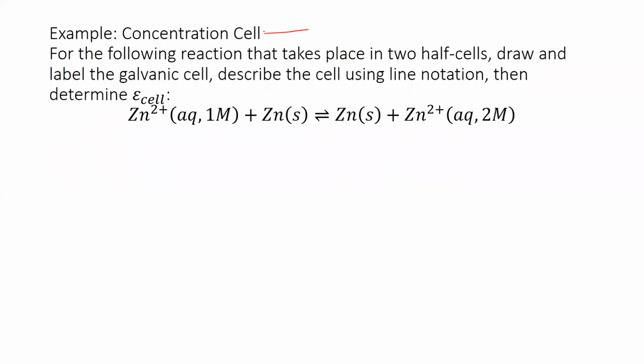Now, any type of cell is dependent upon the concentration of the products and the reactants, but we can write out a chemical reaction in any given direction and determine the potential of that cell. But what's interesting is in a concentration cell, you have this other thing at play.